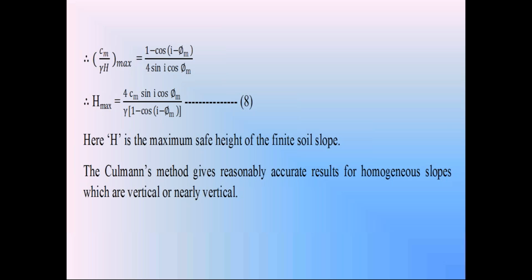Capital Cm is equal to the total mobilized cohesive force that we can calculate in the force triangle, divided by the length of the failure surface AB, that is L. Then you will get the small cm. So all are known on the right hand side. By substituting them, we can calculate the maximum height of the soil slope. So this is Culmann's equation to find out the maximum height of the soil slope.